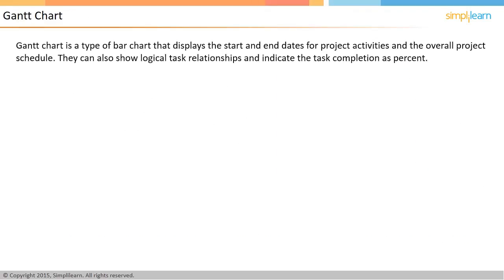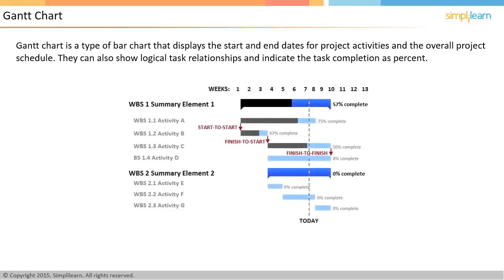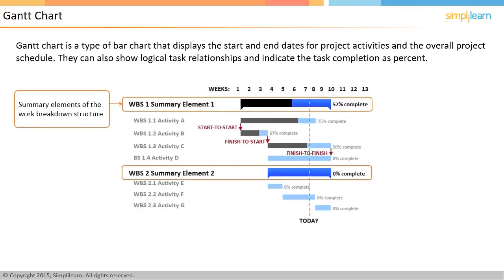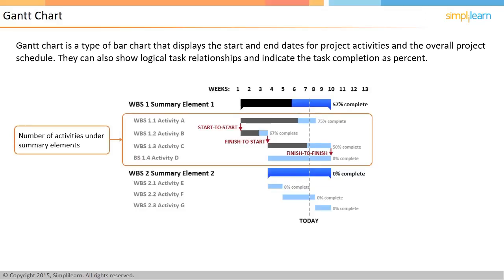Gantt Chart is a type of bar chart that illustrates a project schedule. It shows the dependencies between the project activities as well as their percent completion. A sample Gantt chart is shown on the screen. 2 summary elements of the work breakdown structure are depicted. To complete those elements, there are a number of activities under them. Some of these activities have dependencies.